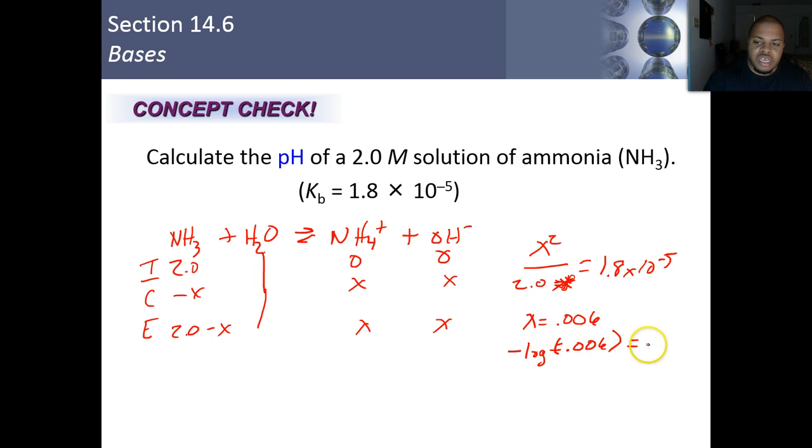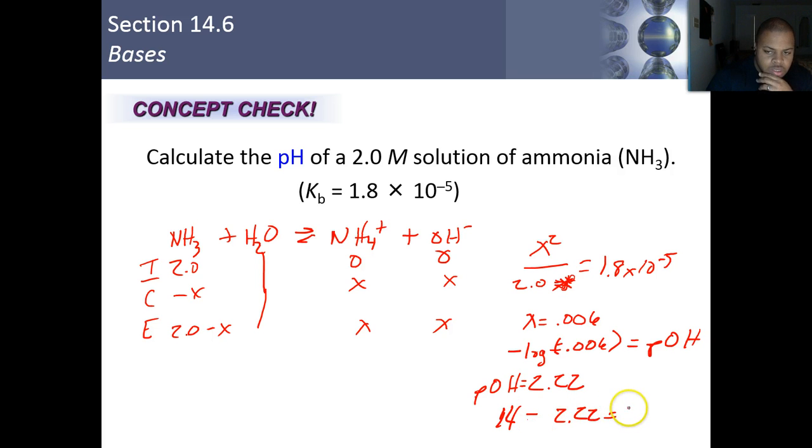This is going to give us our pOH, which is approximately 2.22. That's the pOH. So 14 minus 2.22 equals 11.78, which is our pH value.